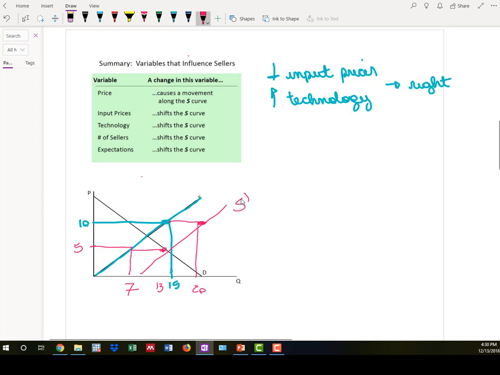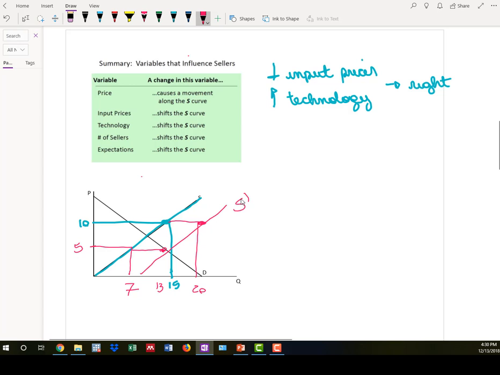When you were talking about technology, it's similar. Let's say, still in the pizza example, scientists invented an oven that you can bake pizzas without consuming almost any electricity. Again, the production of pizza will be much cheaper. Therefore, for each hypothetical price, you'll be willing to supply more pizzas.